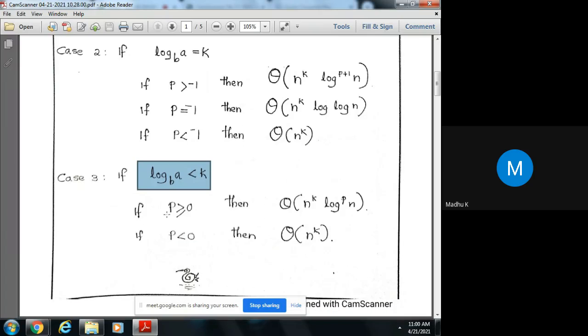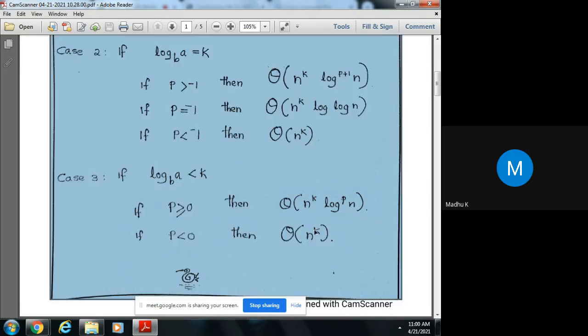Then again we check p values. If p is greater than or equal to 0, then the complexity is theta of n raised to k log power p n. And if p is less than 0, then theta of n raised to k. So this is the master theorem.